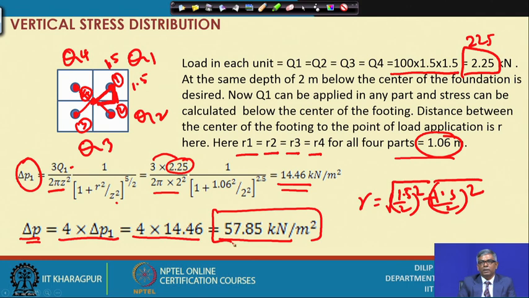Now, as I have mentioned before, if I divide it into more number of segments, you will get better results. So, now I will try to show you dividing it into, suppose, 9 divisions.